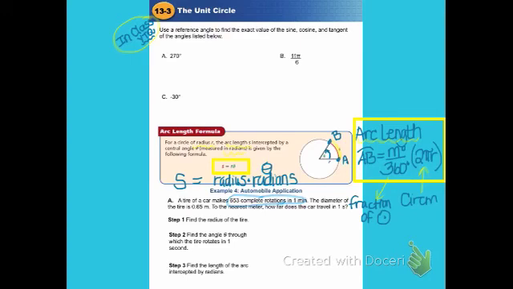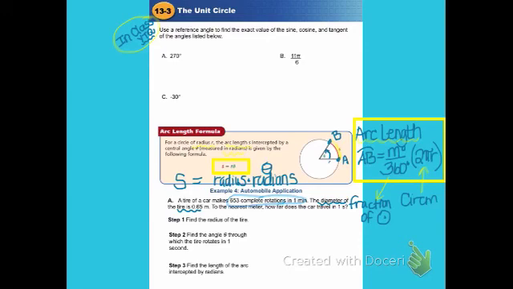The diameter of the tire, so they're giving me the diameter of the tire to be 0.65 meters. To the nearest meter, how far does the car travel in 1 second? Okay, so we want to find out how far, which means a length, the distance that it's going to travel in 1 second.